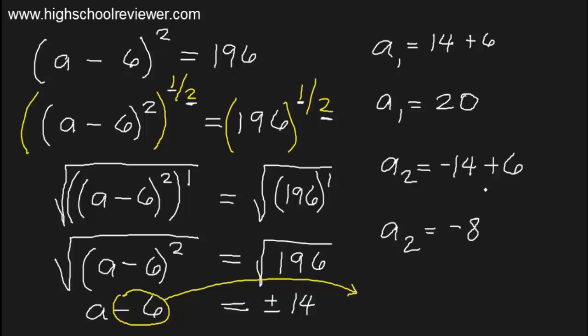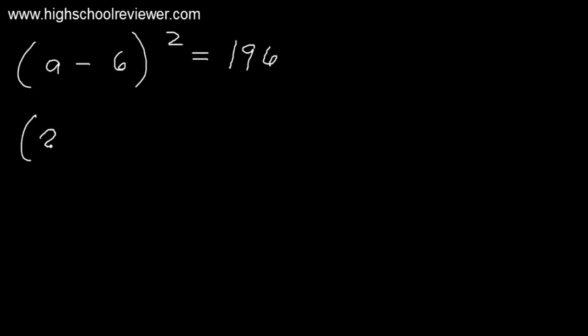Let us check if our answers are correct. So our equation, we have the quantity of a minus 6 raised to 2 equals 196. So for our first value of a, which is 20, 20 minus 6 raised to 2 equals 196.